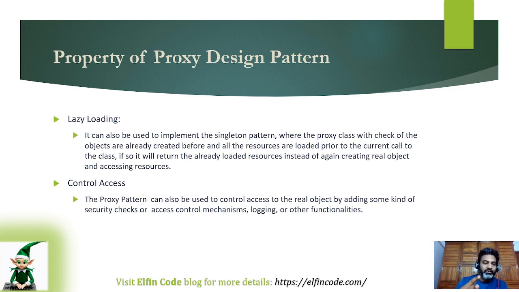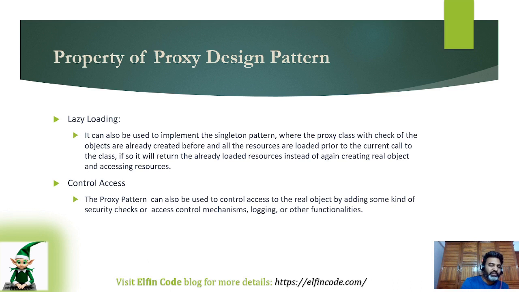When you have this proxy class, here you can add certain kinds of additional access checks. So if a particular user is trying to access a particular website, he should be redirected to maybe a subdomain of that website, saying that the user belongs to this category or that category.